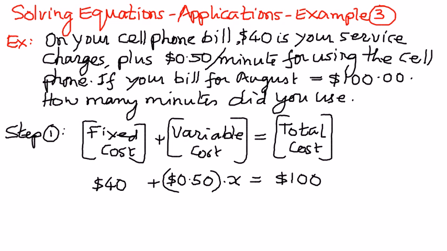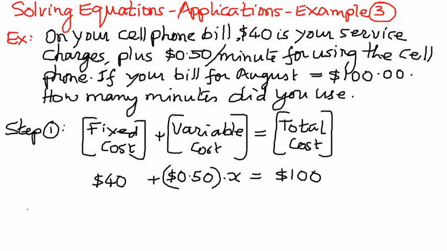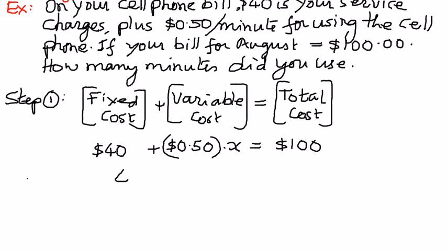So we have written down an equation from this word problem. Basically, we have used the linear equation format, and now we will solve for the number of minutes we have used for this month. So the way we can write it out is as follows: 40 plus 0.5x is equal to 100.